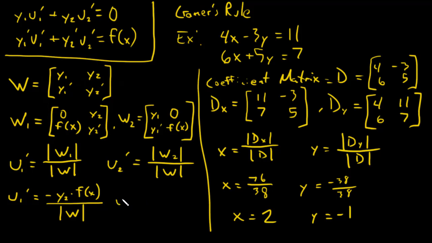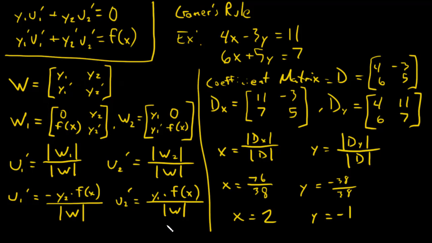So I'm going to go straight and just put this as that, because that's the Wronskian. Alrighty? Now what is u2 prime equal to? u2 prime is equal to the determinant of my W2, so y1 f of x minus 0, so y1 times f of x divided by the Wronskian. Okay? Whew.